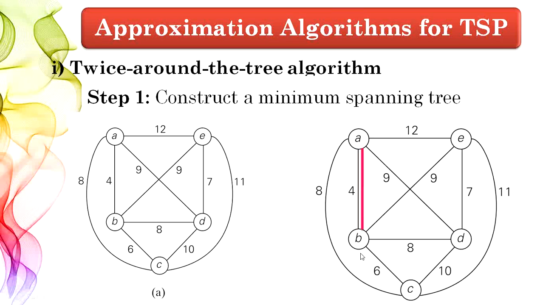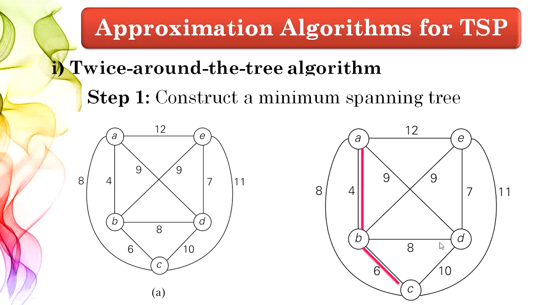From B we have B to D, B to C, and B to E, that is 9, 8, and 6 respectively. Out of these 3 edge weights, 6 is the least, so I selected the B to C connection. To reach D, I have 2 options, C to D at 10 and B to D at 8.